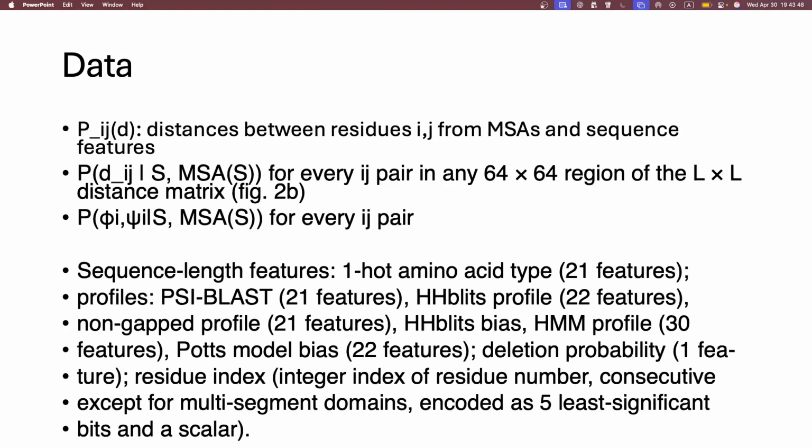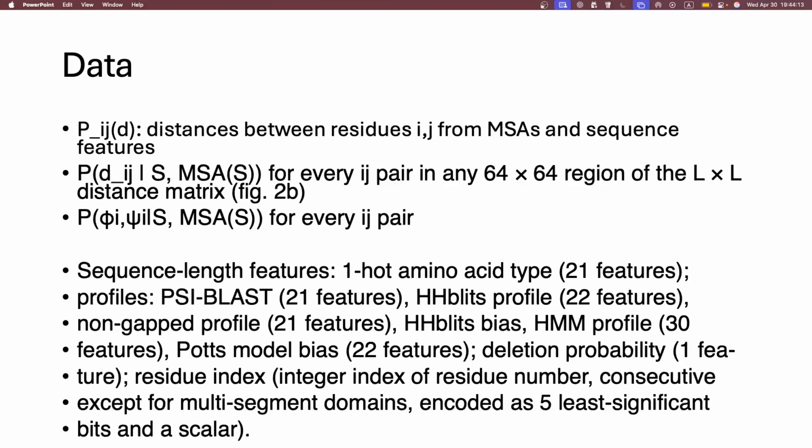Okay, go back to our data. So our data is processed with this P matrix. Basically, this P matrix will somewhat define the distances between each residue in the amino acid sequence, right?